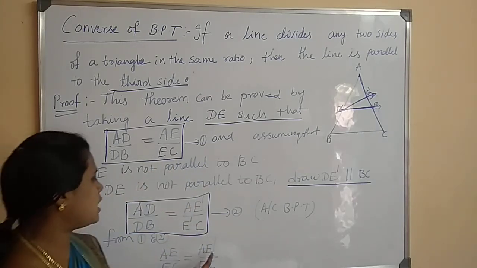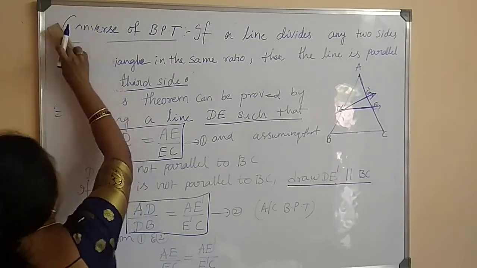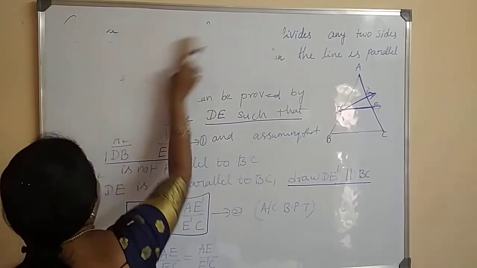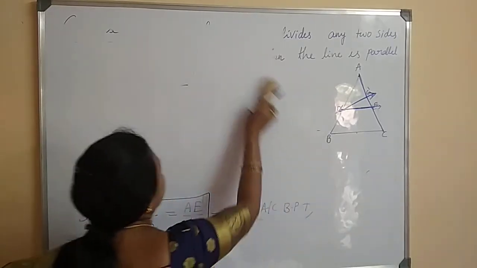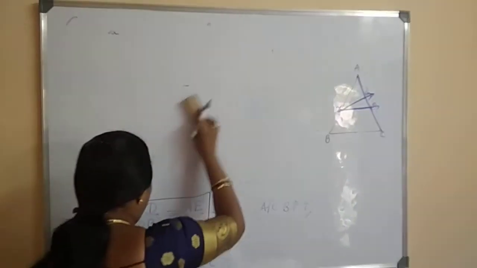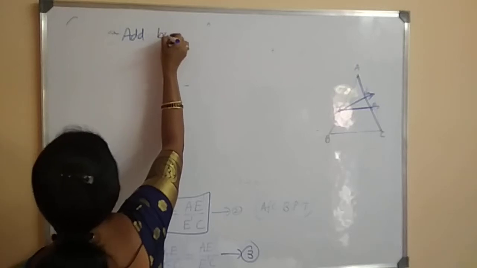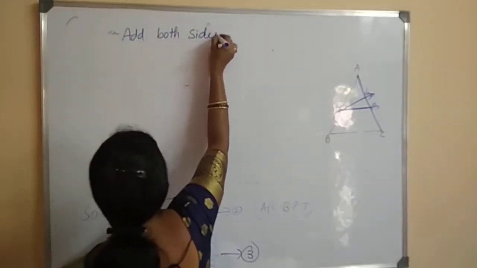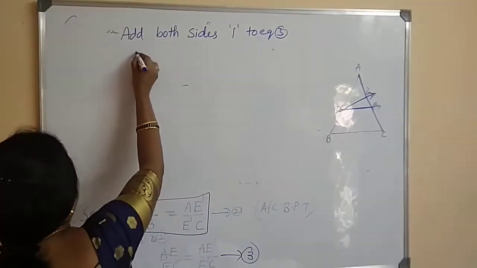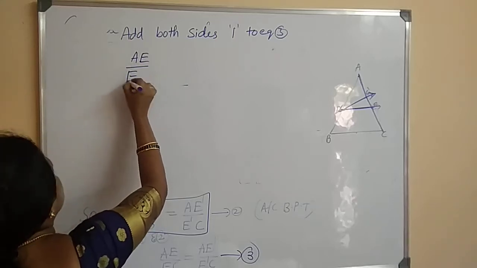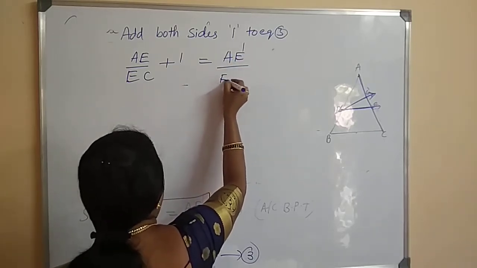AE by EC is equal to AE dash by E dash C. This is equation 3. Now add 1 to both sides of equation 3.